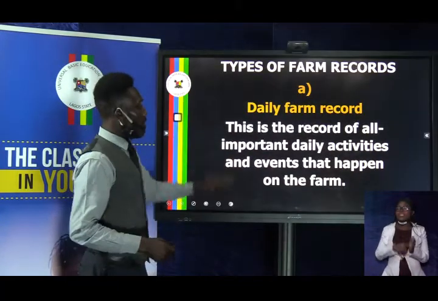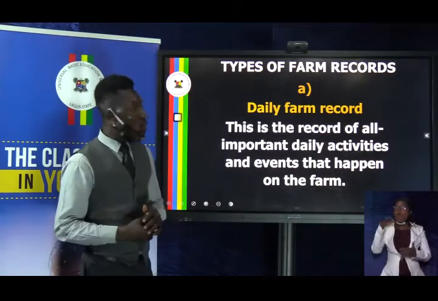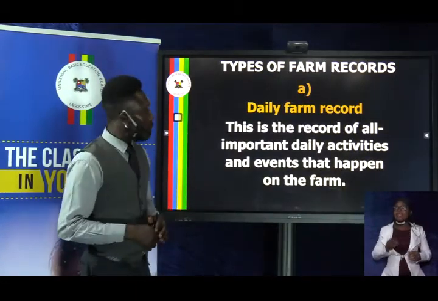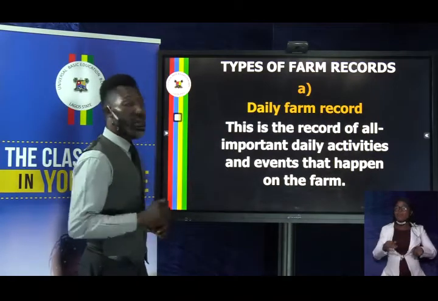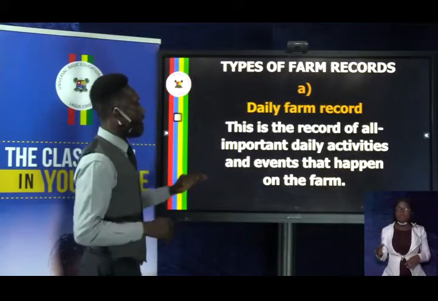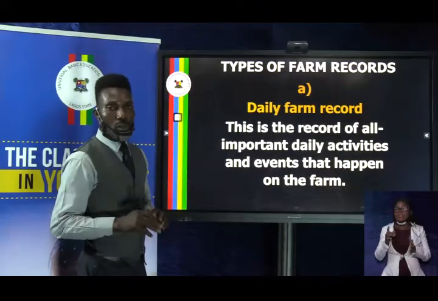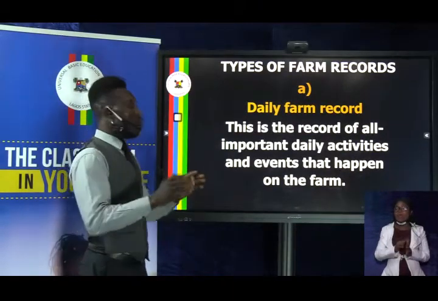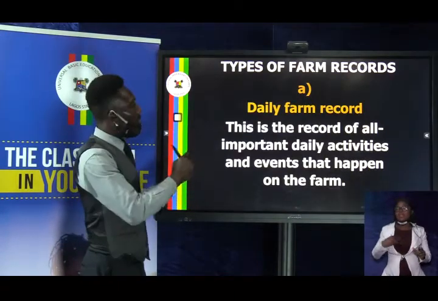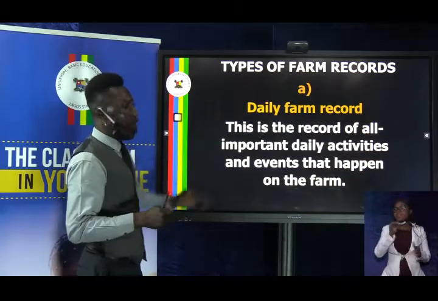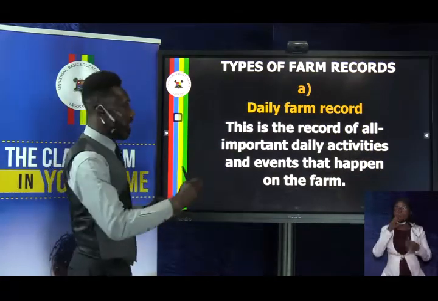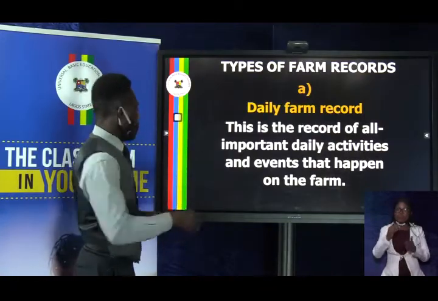This is the record of all important daily activities and events that happen on the farm. Whatever you do on the farm on a daily basis, that's where you record it. That's the daily farm record, as the name implies.